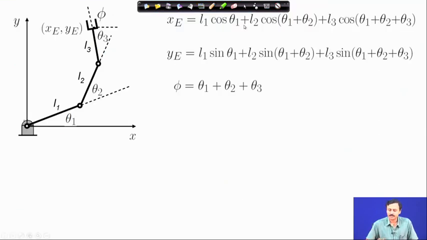So, we will start with the forward kinematics expressions, the relation between x e, y e, phi and theta 1, theta 2, theta 3. Then we note that this phi appears here and here in the locational coordinates of the end effector.